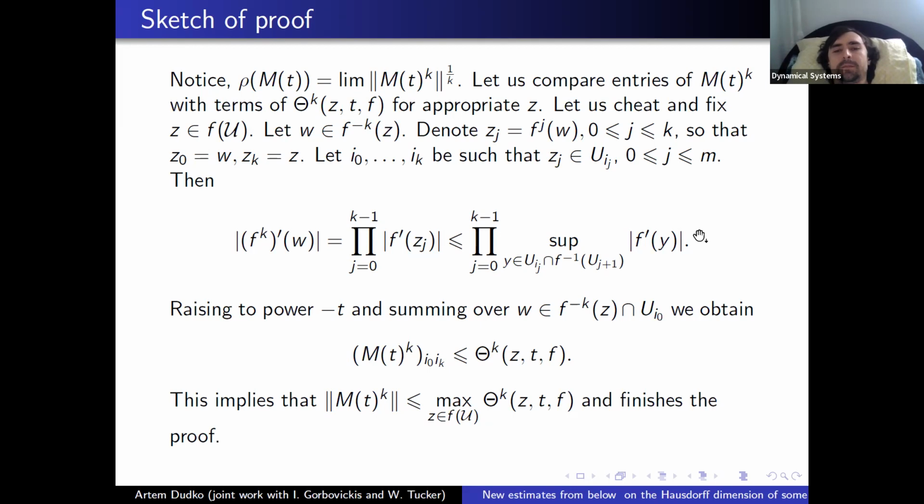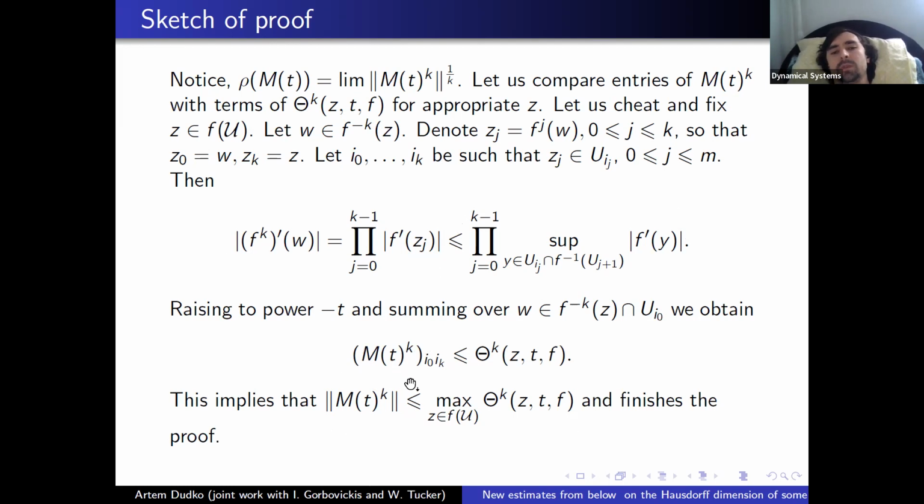So when we sum up, we obtain exactly the entry of M of t raised to power k. And on the other side, we obtain exactly the value theta k, which implies the desired inequality.